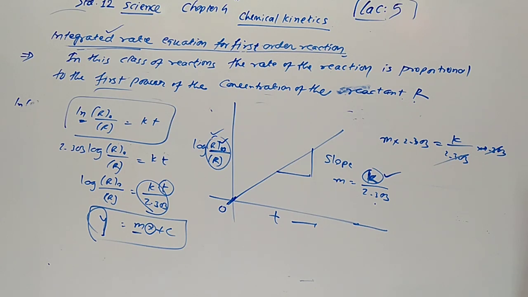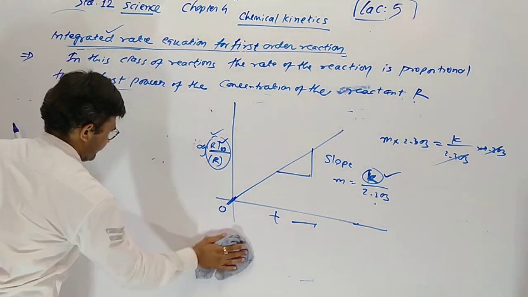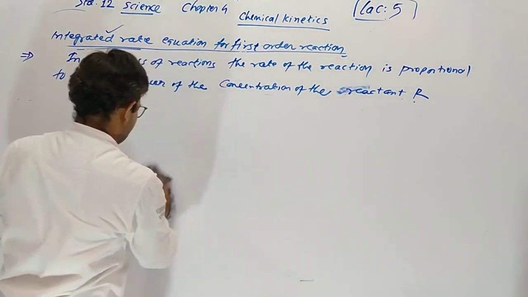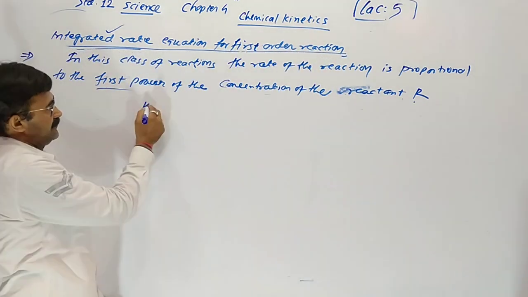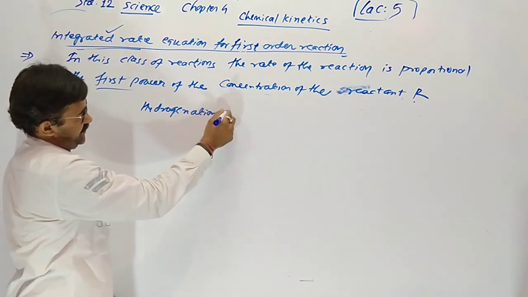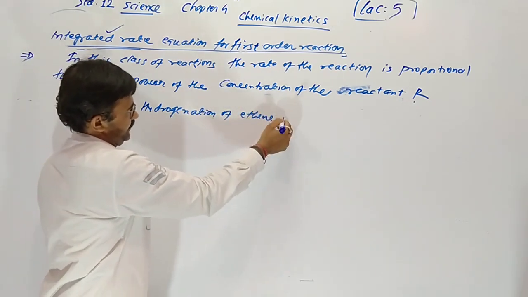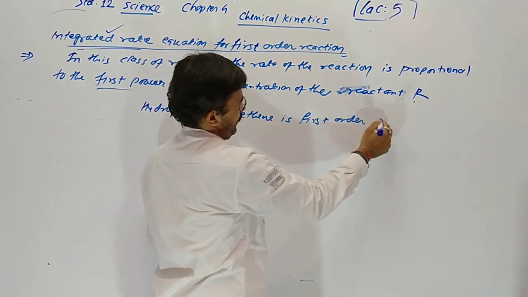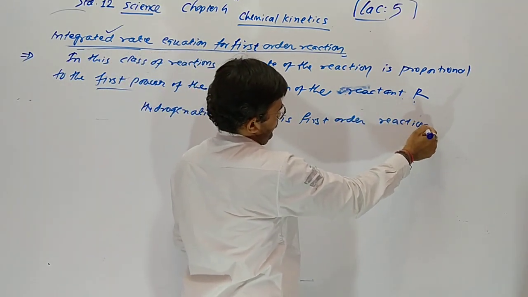Hydrogenation of ethene is an example of a first order reaction.